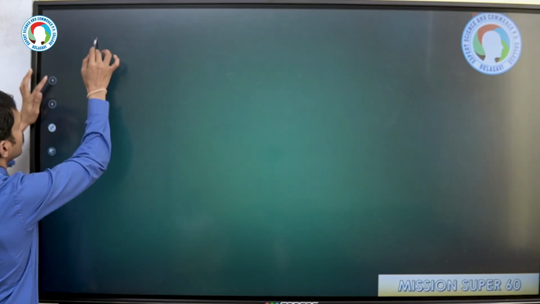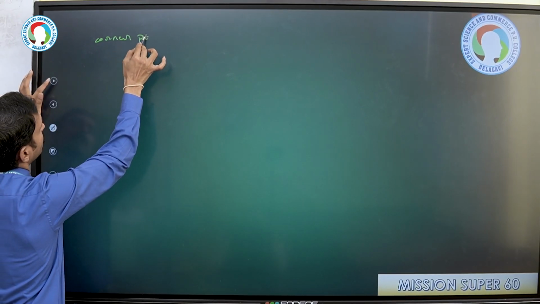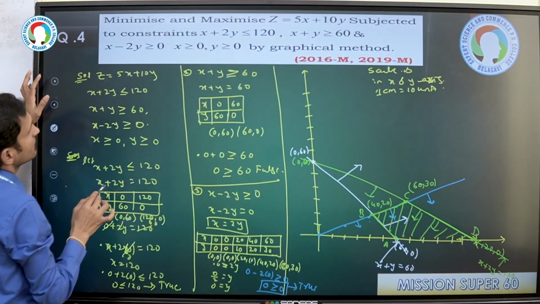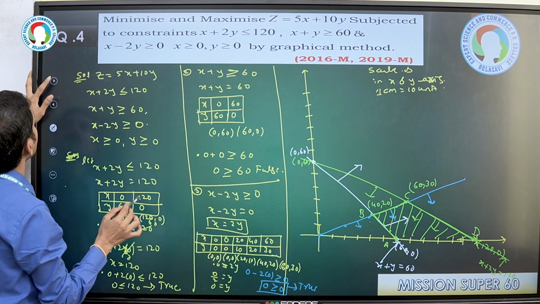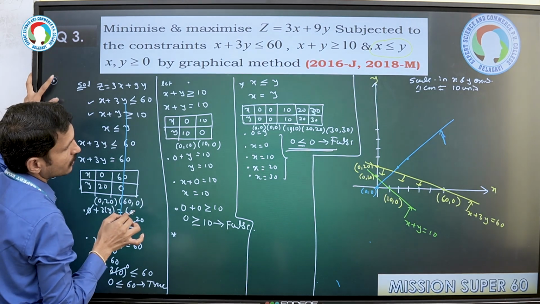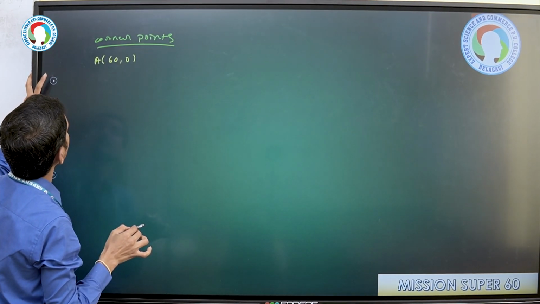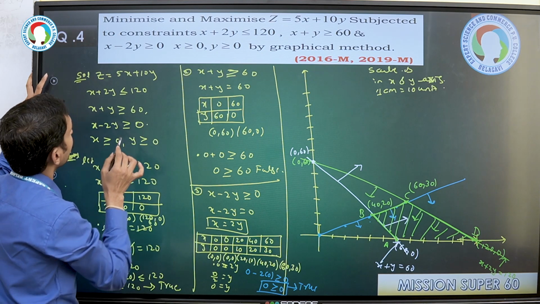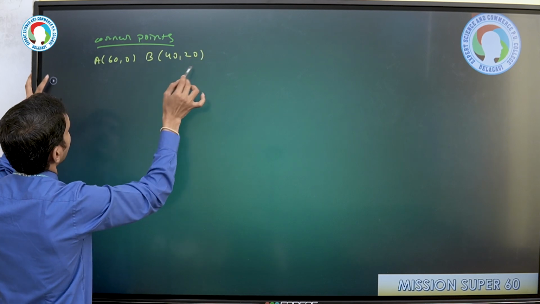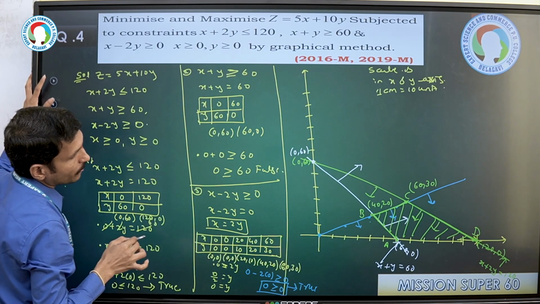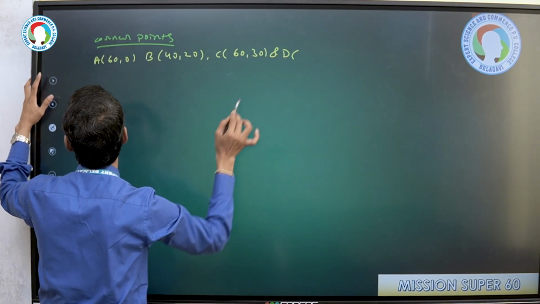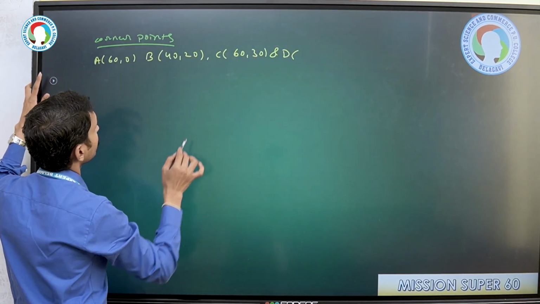The corner points: A of 60 comma 0, B of 40 comma 20, C of 60 comma 30, and D of 120 comma 0.